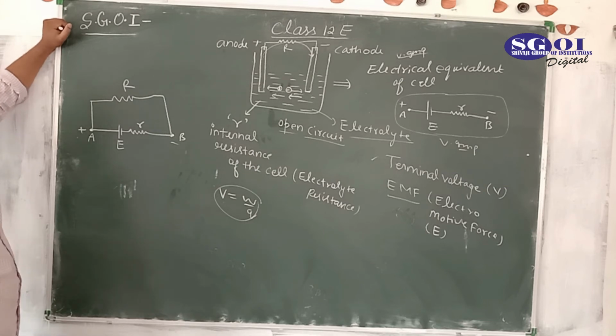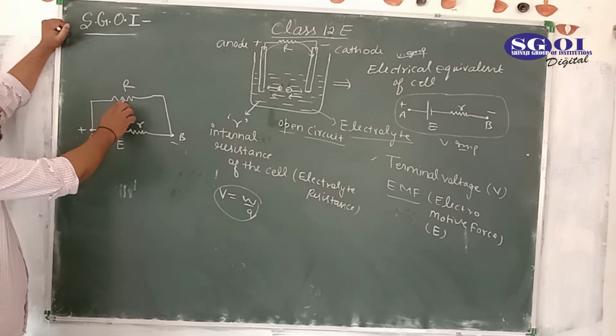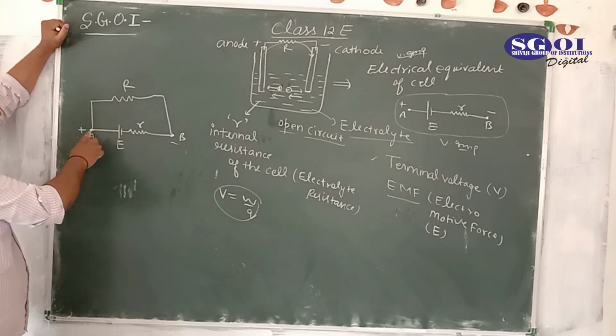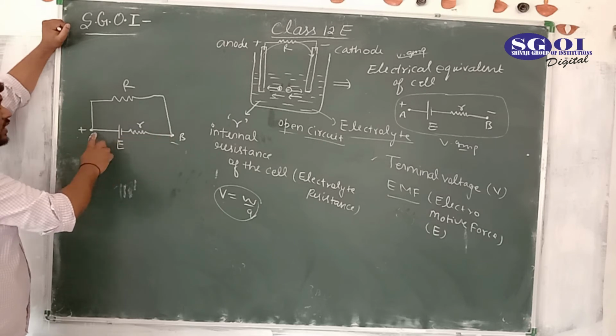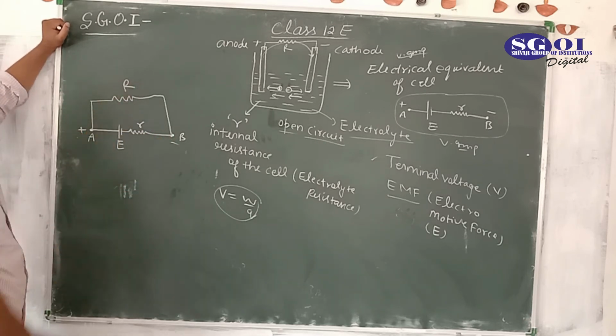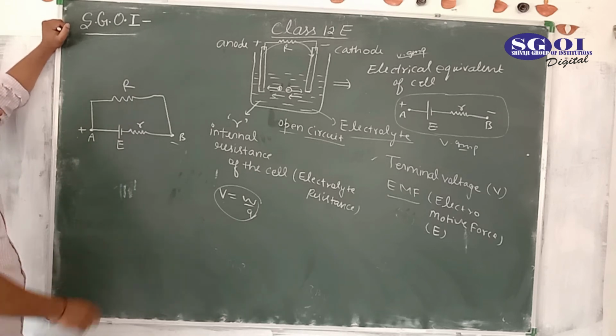Just write the KVL equation, the Kirchhoff voltage law. But before applying it, I am asking you a question. What is the potential difference across this resistance capital R? It is nothing but the potential difference between these two points, which is the terminal voltage.